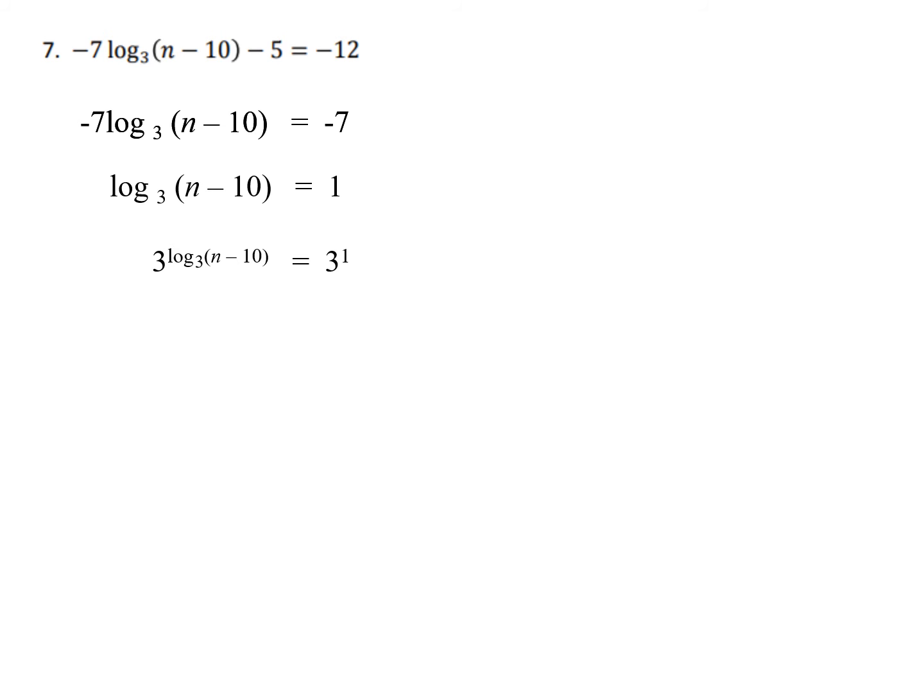Remember the if and only if of our equality statements: if I have two things equal, I can take the same base to those two things and I still get an equality. Then this 3 to the log base 3 kind of cancels each other out. I'm just going to get n minus 10, and 3 to the first power is just 3. And then finally, add 10 to both sides, and there's your answer.